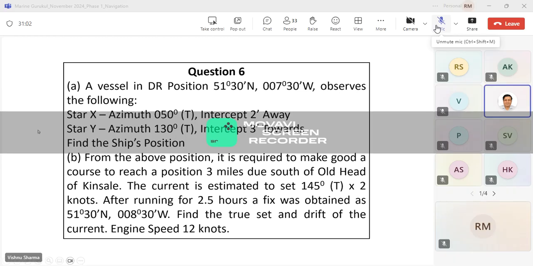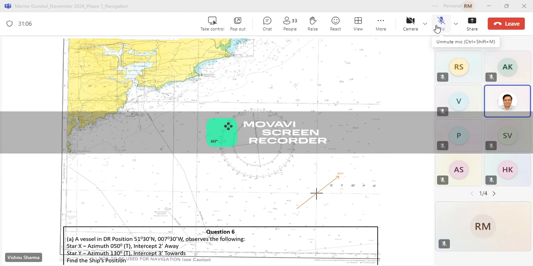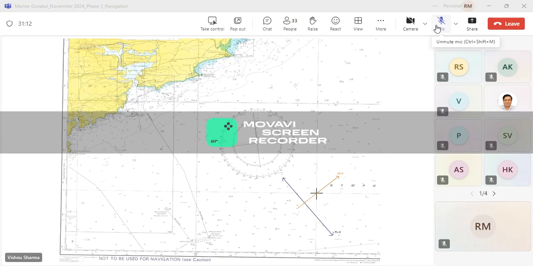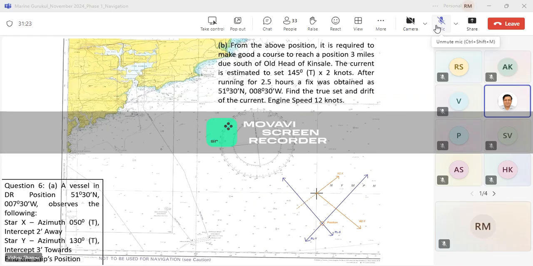Let me show, if this is what you have drawn, then it's okay, guys. Here is the DR. This is the azimuth of star X. Intercept is 2 miles away. And this is the PL of star X. Then we have azimuth 130, intercept towards, and we have this PL, and this is the position.